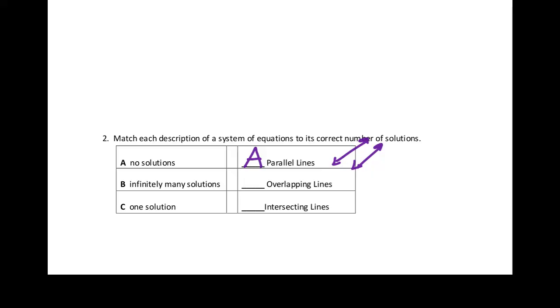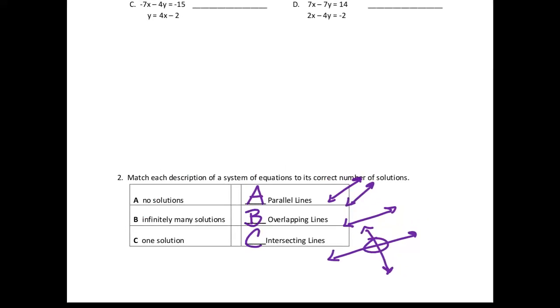Yes. That's not a good answer. Infinitely many solutions. What kind of lines would those be? Overlapping or same line, yes. And one solution is going to be your intersecting lines. Okay? That takes care of that.